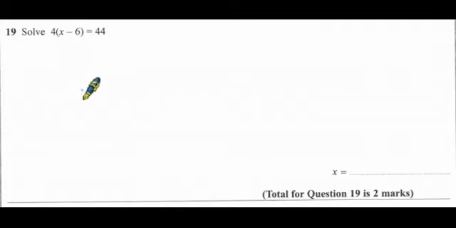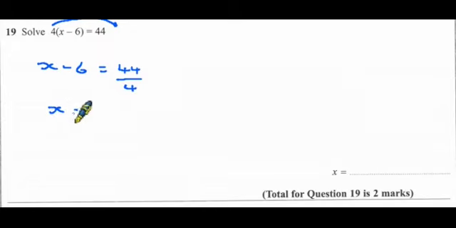However, another way you might approach this is to first of all take the 4 to the other side of the equation. At the moment it is a multiply, it is being multiplied by the brackets, so it moves to the other side. You then have a divide, so you would end up on the left hand side with just x minus 6. No need to have any brackets anymore, it's not being multiplied by anything, equals 44 divided by 4.